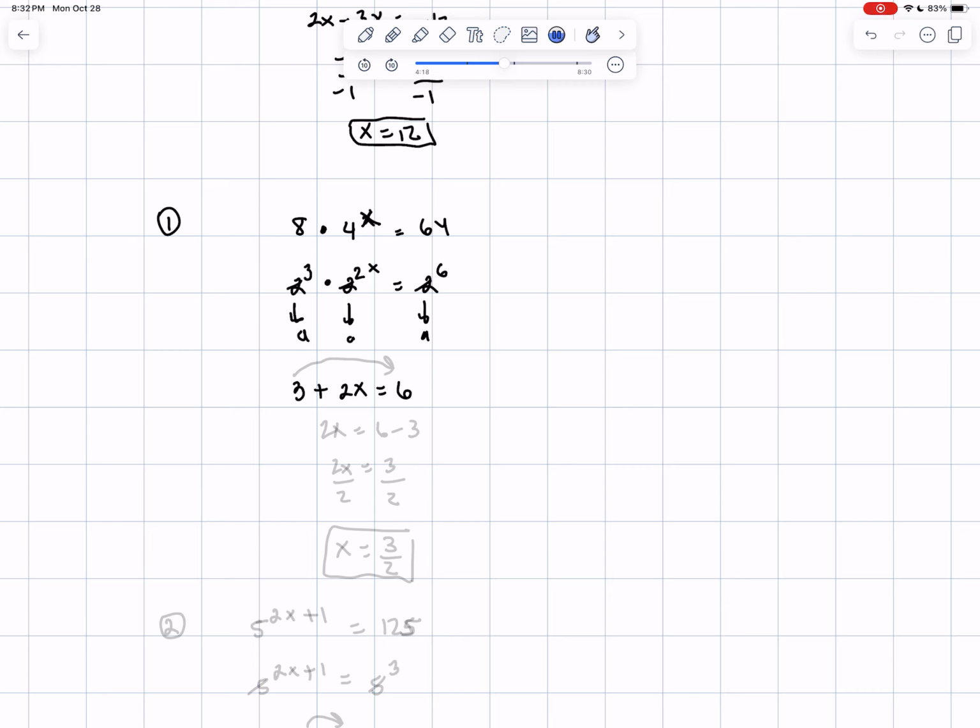So now I'm just going to move the 3 with the 6 to get x by itself. Six minus 3 is what? It's 3. And then we divide by 2. So x equals 3 over 2.